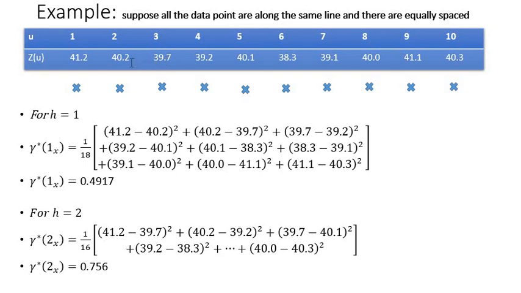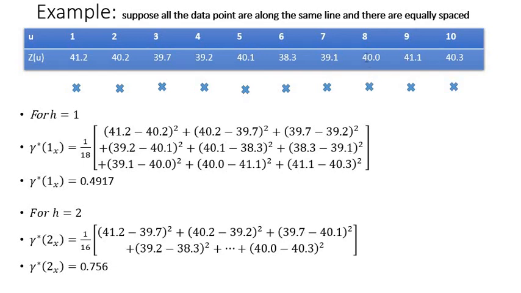39.7. The next will be 40.2 minus the next one with a difference of 2, which is 39.2. The next one is 39.7 minus the next with the difference of 2, which is 40.1. You continue this up to the last one.